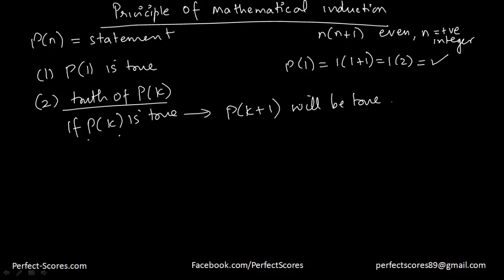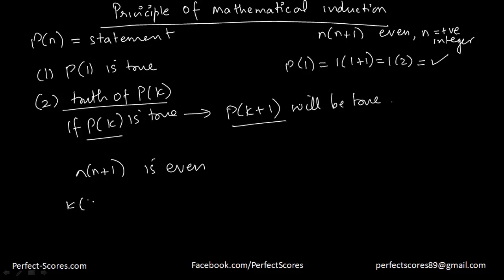When I talk about P of k and P of k plus 1, let's take a logical example: n into n plus 1 is even for all positive integers, where n can be any positive integer.